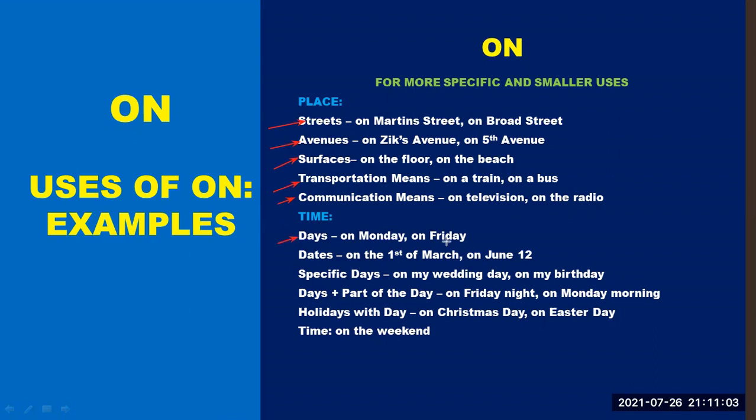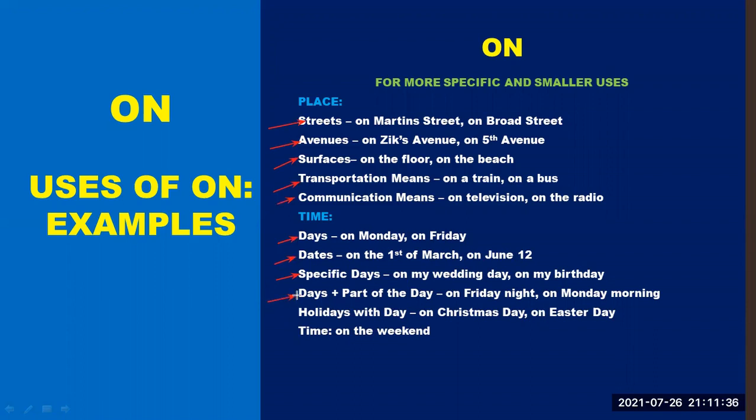So any of the days of the week, you use on for each of them. Talking about dates, on the 1st of March, on June 12th, all right, you use on for dates. You use on also for specific days, such as on my wedding day, on my birthday, and so on.